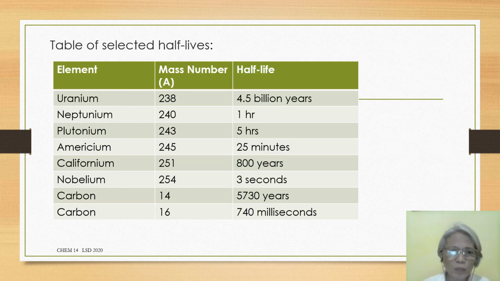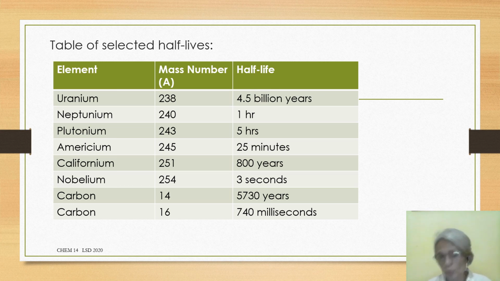On the table, we have selected half-lives of elements. Observe that uranium-238 has the longest half-life at 4.5 billion years, and carbon-16 has the shortest half-life at 740 milliseconds.